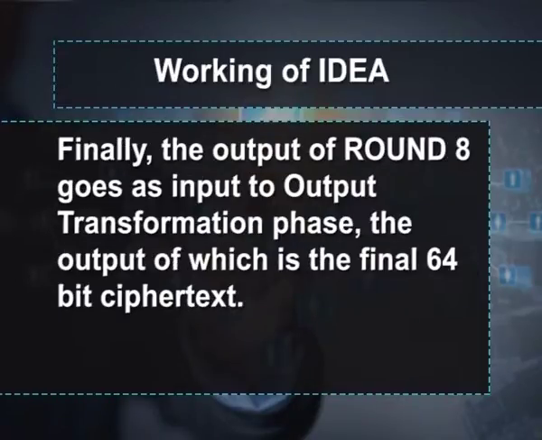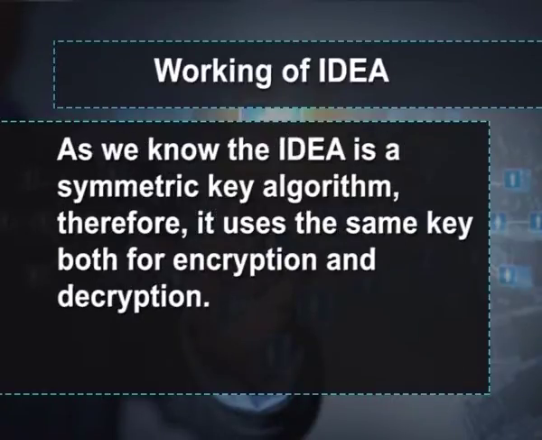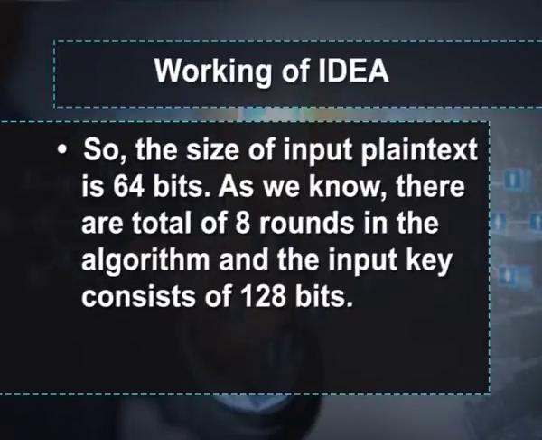Finally, the output of round 8 goes as input to the output transformation phase, the output of which is the final 64-bit ciphertext. As we know, IDEA is a symmetric key algorithm, therefore, it uses the same key both for encryption and decryption.